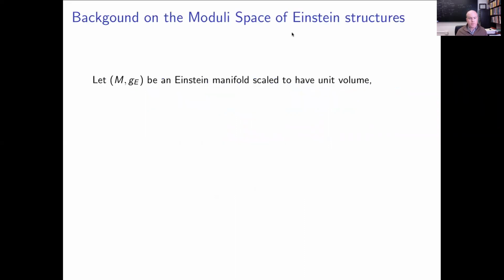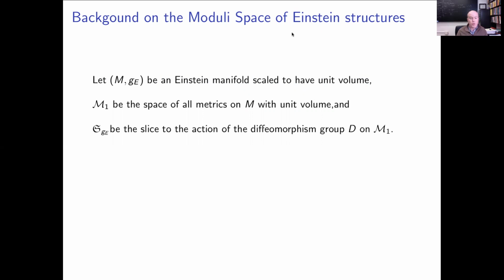So firstly, I have to set up some standard background material concerning the moduli space of Einstein structures. Throughout the talk, we're going to be exclusively dealing with an Einstein manifold, and we'll scale it to have unit volume. So if we consider g_E as an element of the space of all metrics with unit volume, we have an infinitesimal description of the space by studying the slice of the action of the diffeomorphism group on M_1.